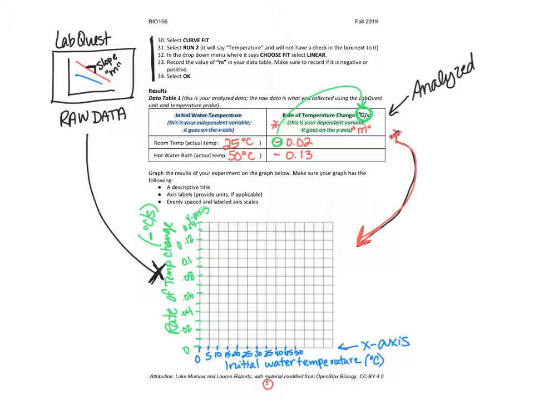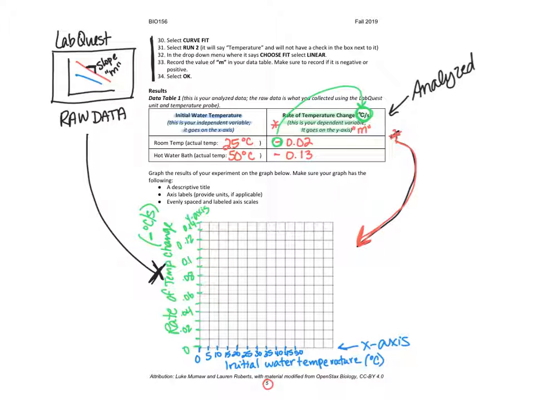All right. So notice how each box here is equal to 0.01. This box is equal to 0.01, this one is equal to 0.01, this one is equal to 0.01. So let me erase that.